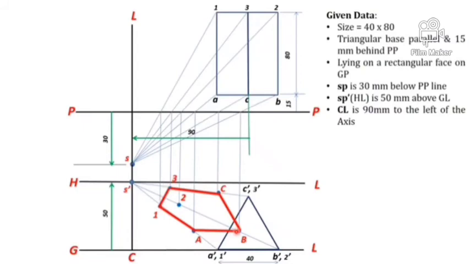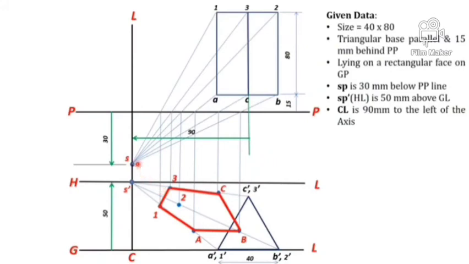Now we need to draw the remaining edges 1 2, 2 3 and 2B. Let's find the visible and invisible edges here. The second rule is view the object from the station point top view and station point front view.